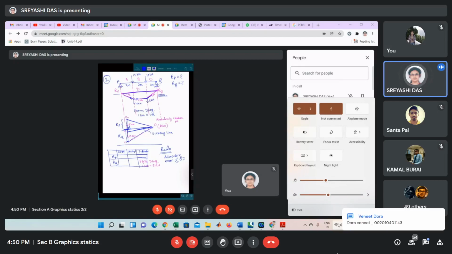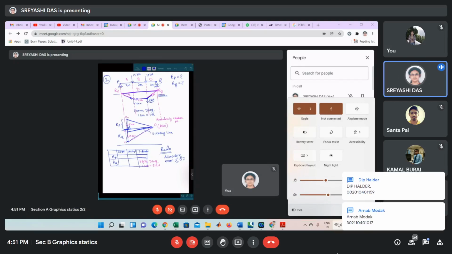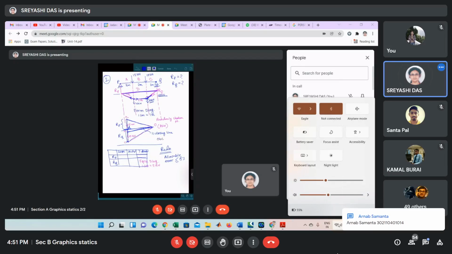The forces will be distributed in such a way so that this 10 kilonewton will be the resultant of this OB and OC force. So it will denote this triangle OBC. It will actually denote the equilibrium of forces, or the force triangle, for this particular joint where this 10 kilonewton force is acting.